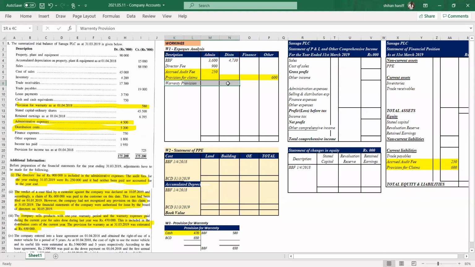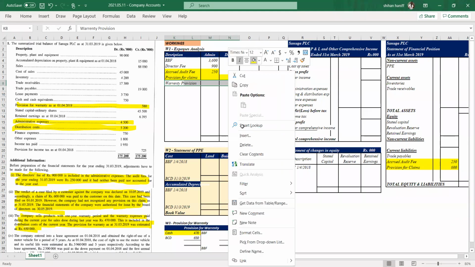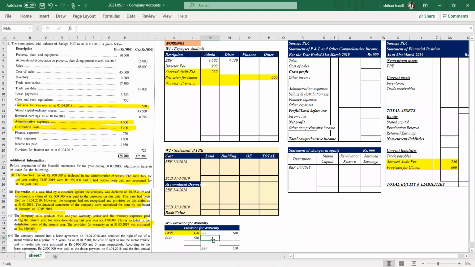How much is the warranty provision? It is the difference in this account, which goes to profit and loss.